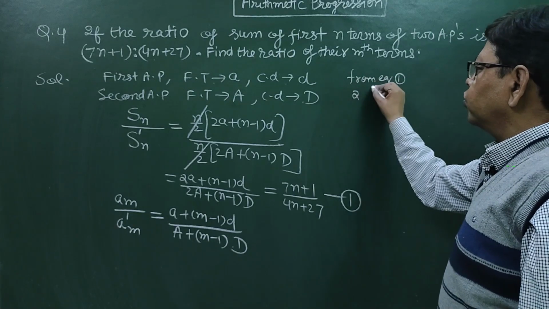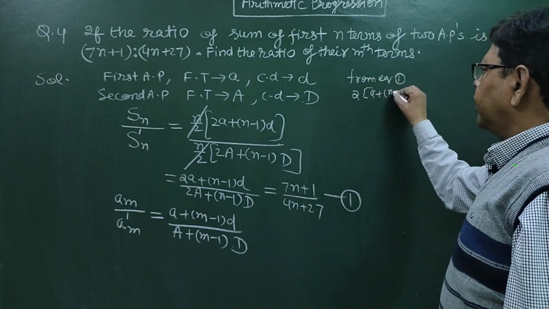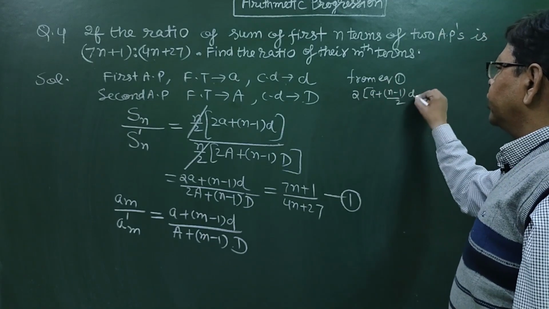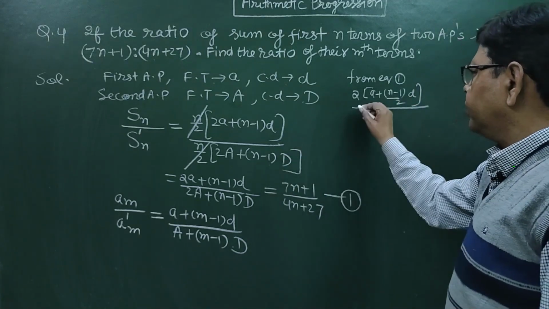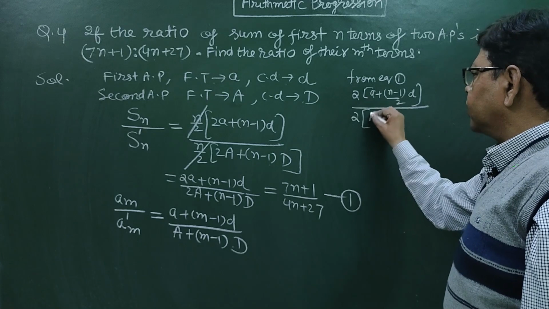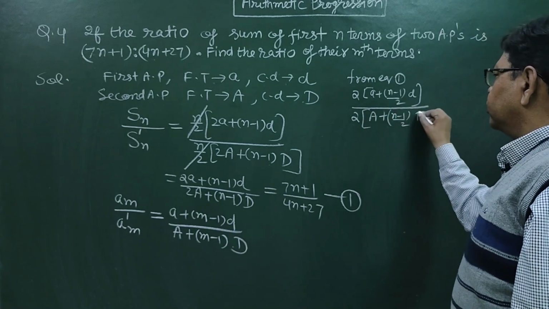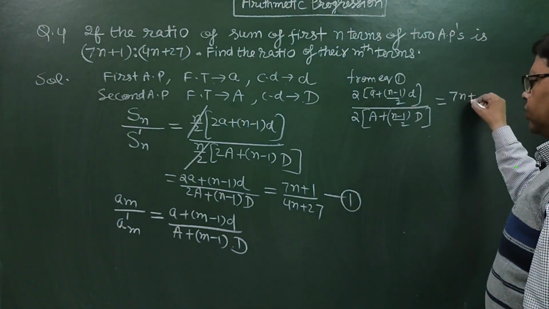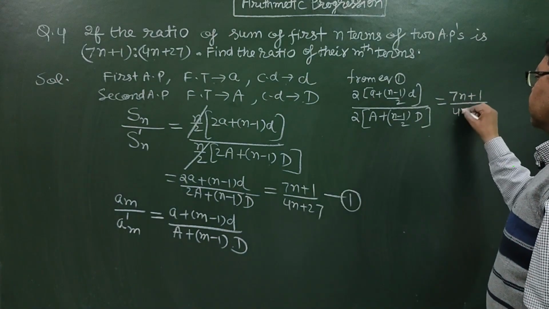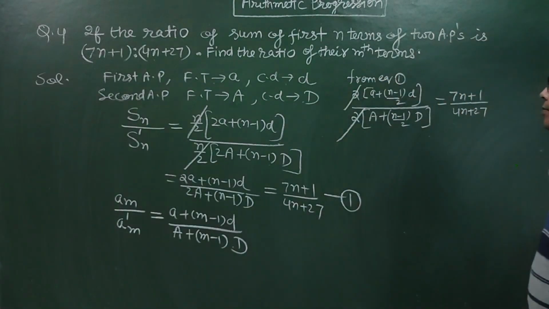If I take 2 common, then a plus (n minus 1) upon 2 into d, and in the denominator, again taking 2 common, capital A plus (n minus 1) by 2 into capital D, this is equal to (7n plus 1) upon (4n plus 27). So this 2 and 2 cancel here.